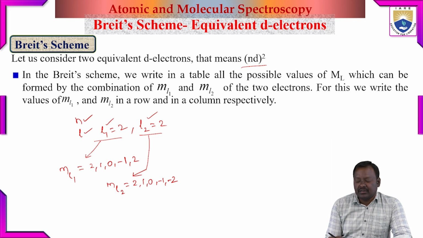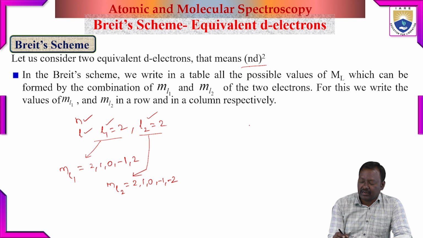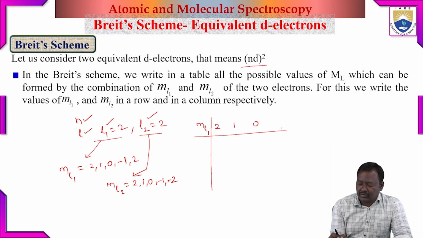we write a table in which the possible values of ML for one electron are written on the horizontal line like this. So for the first electron, the possible ML1 values are 2, 1, 0, minus 1, minus 2.